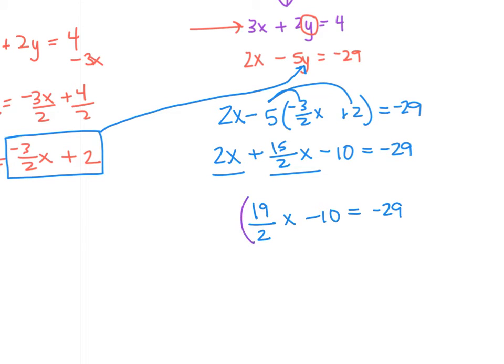Well, you can do your fraction trick, multiply everything by the denominator, and it'll just make it easier to solve. So 2 times 19/2 is 19, x, minus 2 times 10 is 20, and then 2 times a negative 29, so we're just distributing this, right?